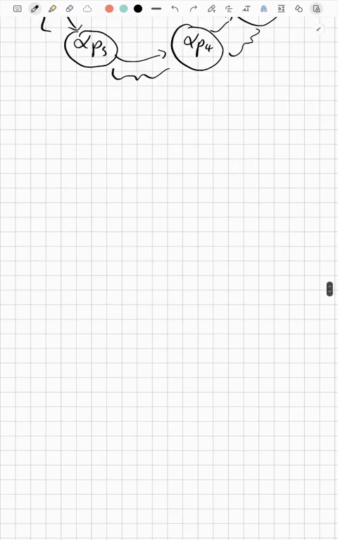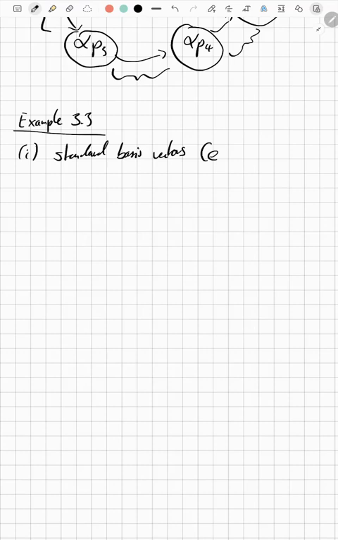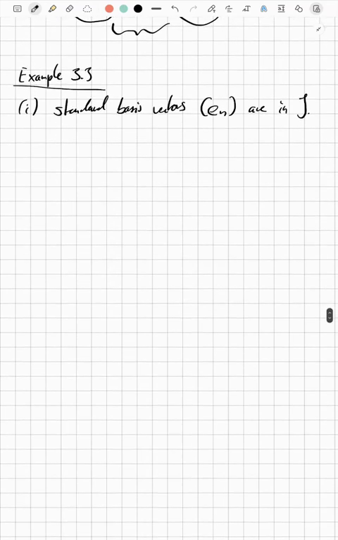So a nice example would be example 3.3. First, the standard basis vectors E_n, which I hope you remember from the very first chapter, are all elements of J. And you can think about this very easily in the sense of our little image here, because, well, let this be E_i, it has the form 0, 0, and so on, then you have 1, and then only zeros again.